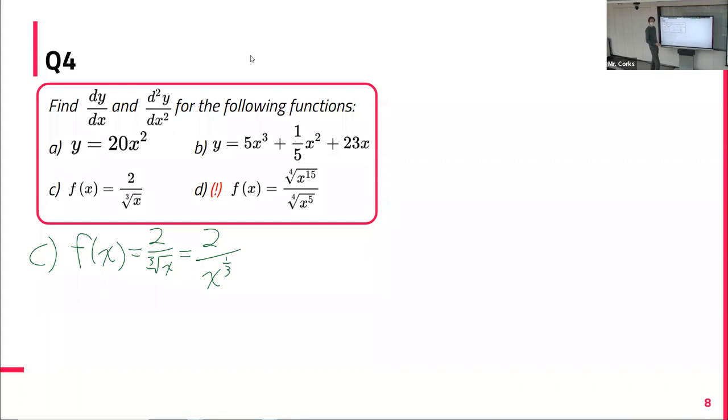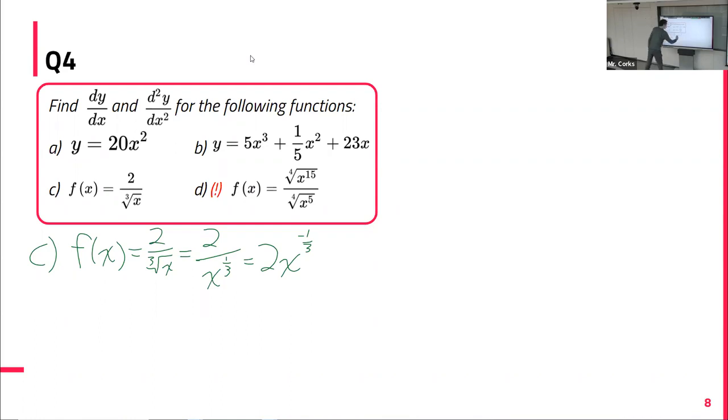And one more thing we can do. If we have any variable on the bottom half of a fraction, something with an exponent, then we can change it to just a negative exponent and rewrite it with this. That's the exact same thing.